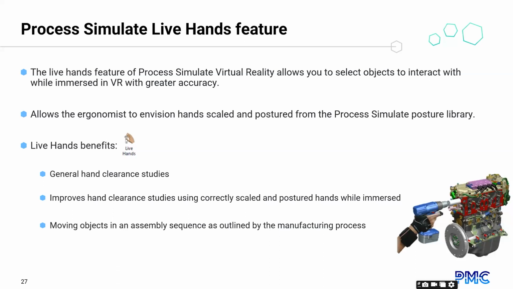You can take apart and assemble a product, for example. This also allows the ergonomist or the simulation expert to envision hand scale and posture from the Process Simulate posture library. With this, you can carry out hand clearance studies and validate simulations moving objects in an assembly sequence.